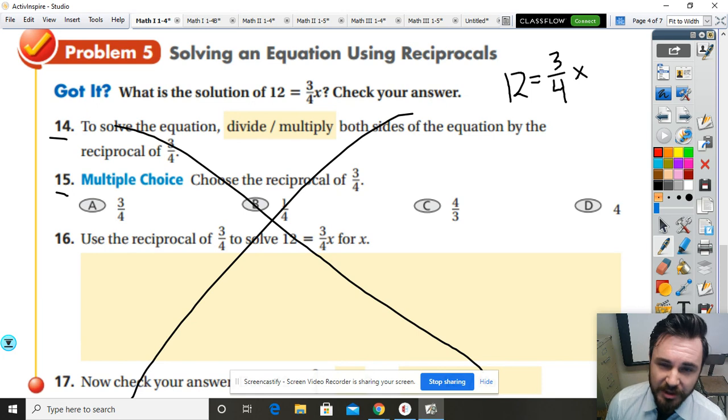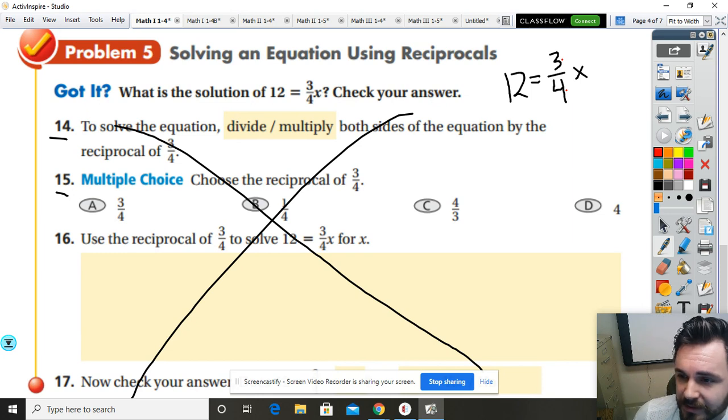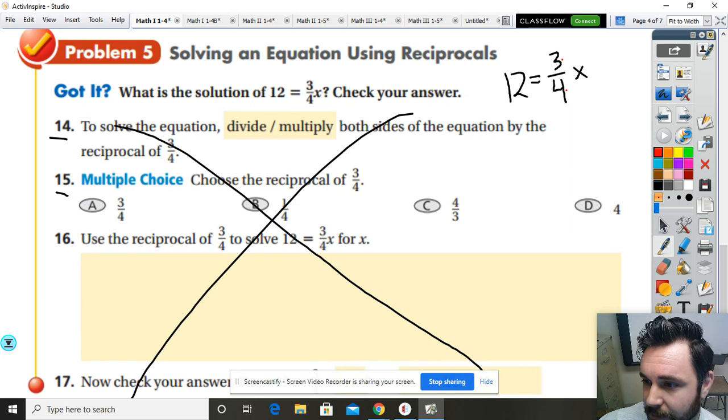Because notice there's kind of two things that are happening here. One, we're multiplying by 3 on top, and we're dividing by 4 on bottom. And I could break this into two different problems, where one, I get rid of the 3 by dividing by 3, right? If 3 is on top, that means I would divide by 3 to make those cancel.